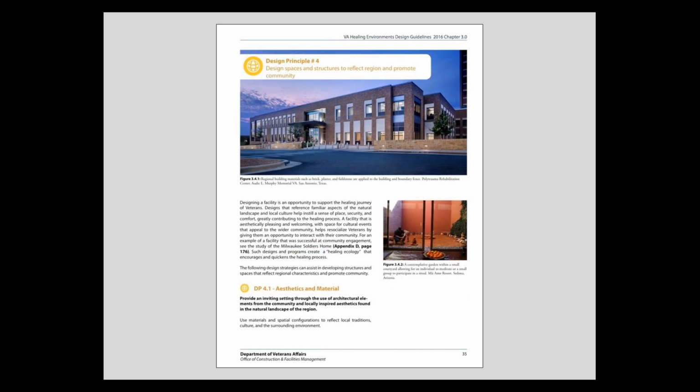And the fourth design principle is, the VA has hospitals and facilities in every state. Every region of the country is different. So we recognize that each VA, it's not going to be like a McDonald's, you plop them down. It, in fact, has to incorporate its surroundings, which gives a feeling of comfort.